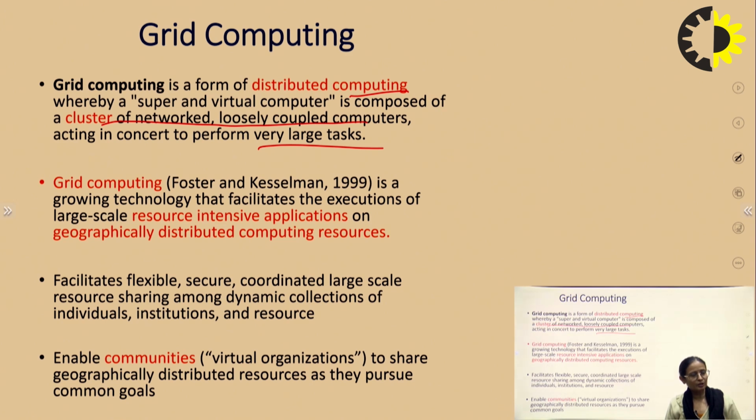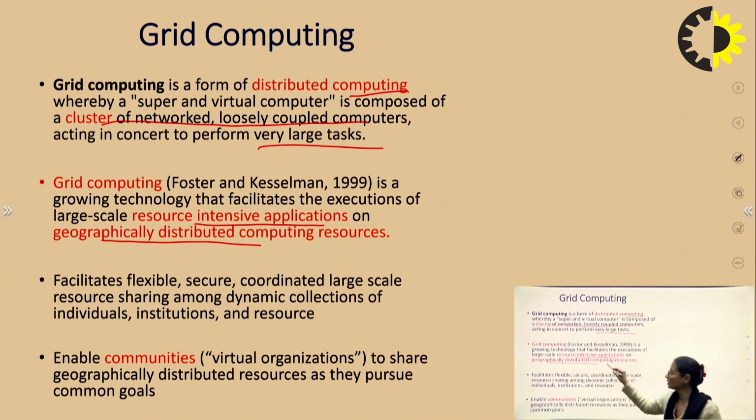There are many definitions of grid computing, but in 1999, Foster and Kesselman defined grid computing as a growing technology that facilitates the execution of large-scale resource-intensive applications which require large computation power, maybe large storage facility, on geographically distributed computing resources.